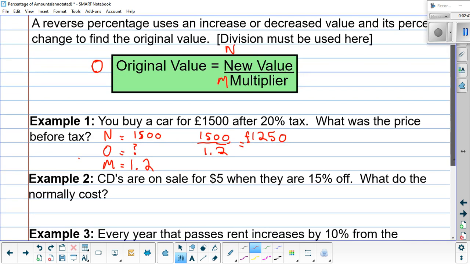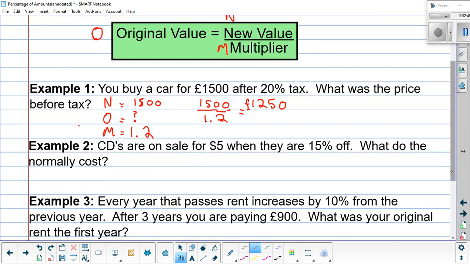Okay, so here we have CDs on sale for $5 when they are 15% off. So that means our N is 5. Our M, if it's 15% off, sounds like decrease, so that's 100 minus 15, which is 85, which is 0.85 as our multiplier.